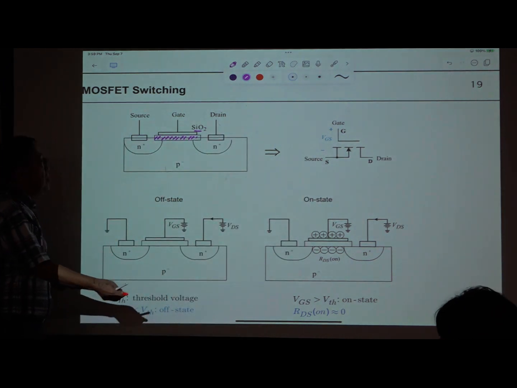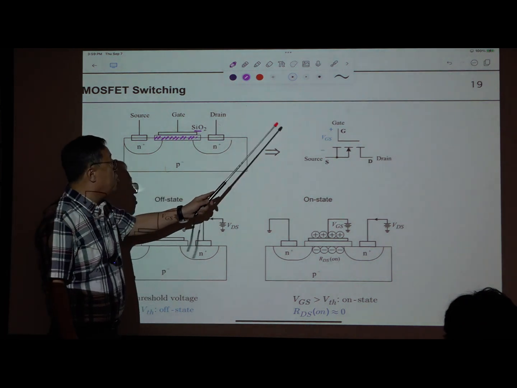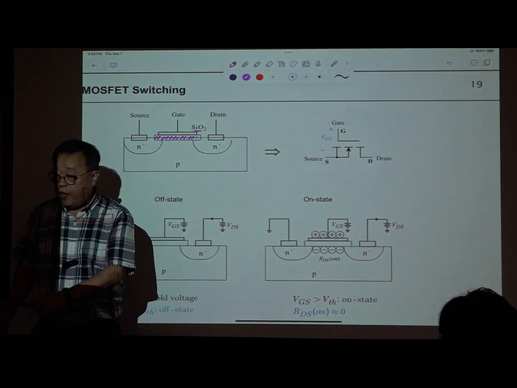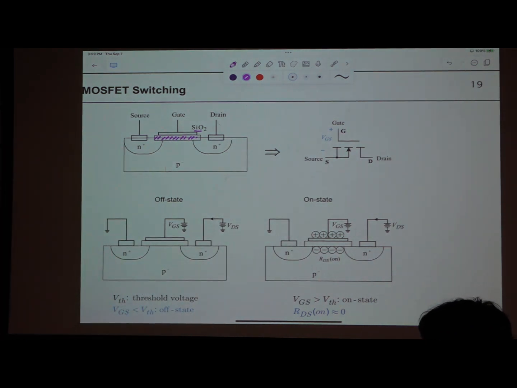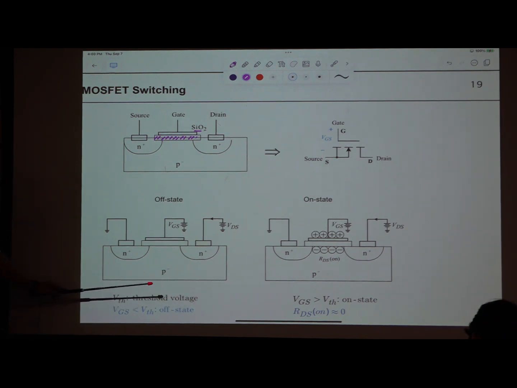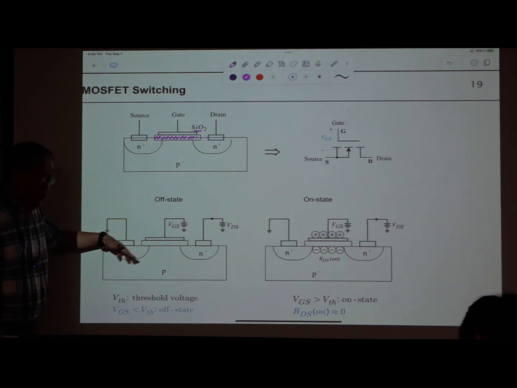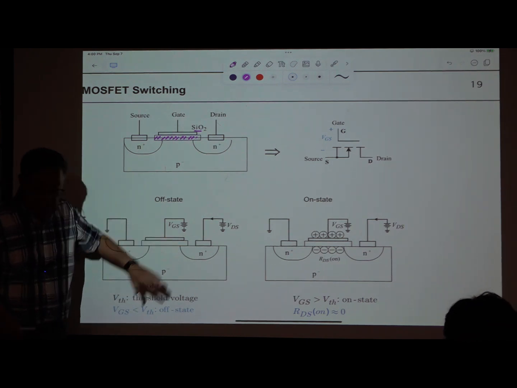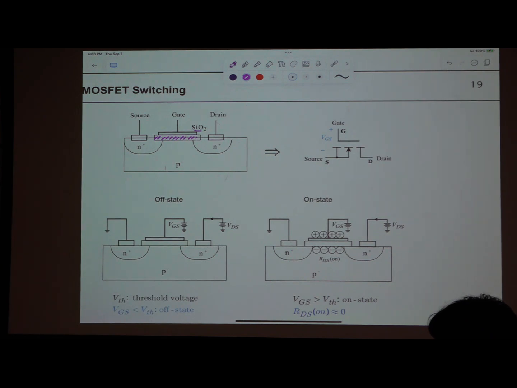When the gate voltage VGS is 0, or negative, or smaller than some value called the threshold voltage VTH, typically 2 or 3 volts, then there is no channel. This is isolated. That means you have a PN junction in this direction and another PN junction here in this direction.